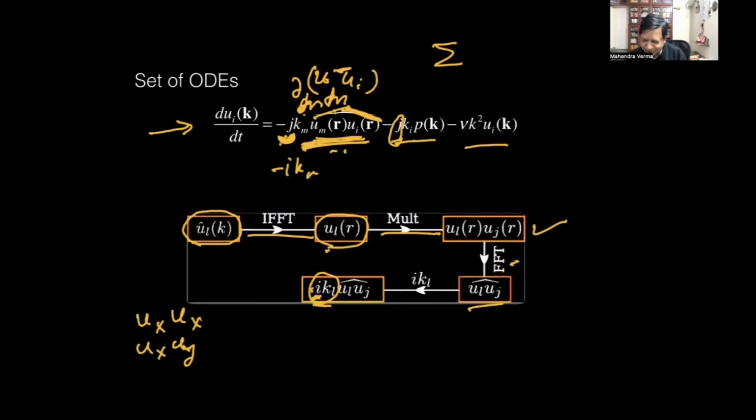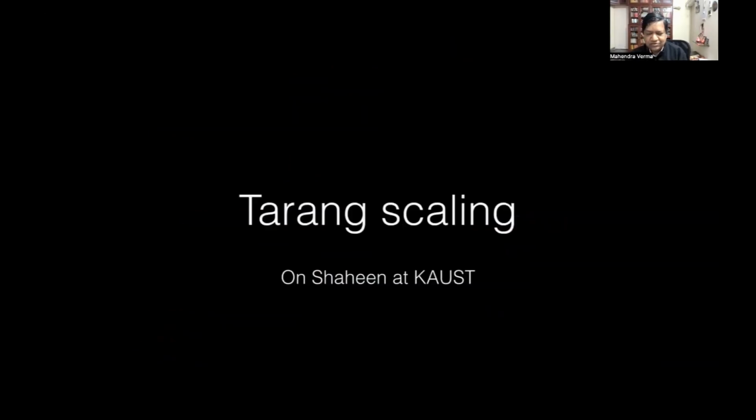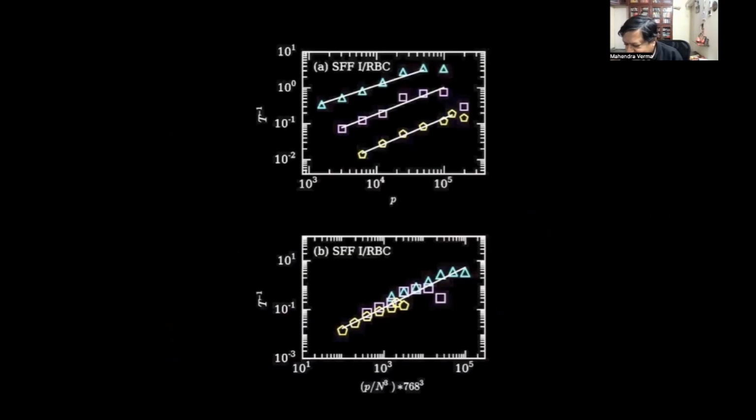I mean, we do this all the time. So our spectral code is written in C++. It was tested when we tested for FFT. We also tested our spectral code, and this is for the same grids, 768, 1500, and 3000.